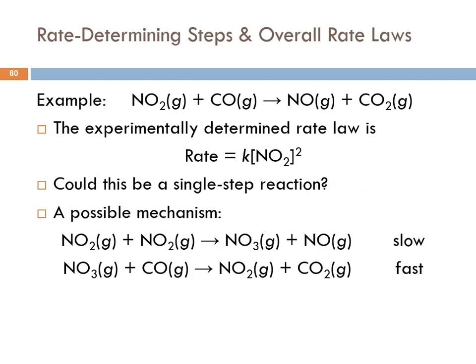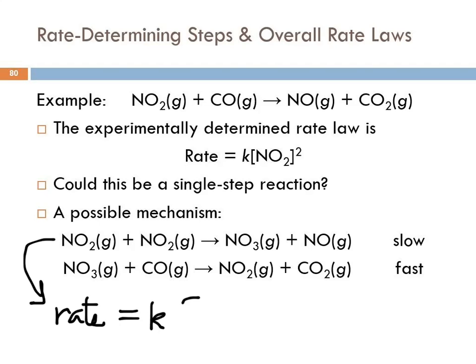We need to go back. So if this step here is going to determine the overall rate law, what's the rate law for this step? Remember, elementary steps, you can predict the rate law from the equation for the elementary step.